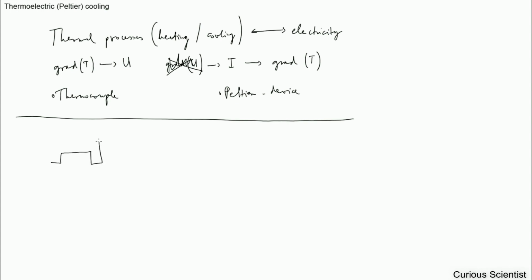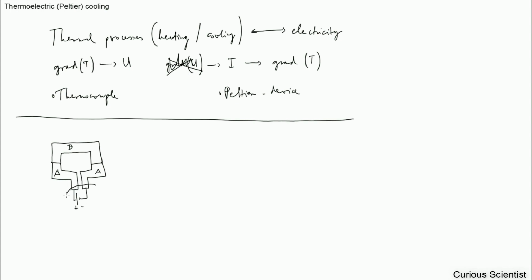We have a block of material B, and then this is A, and this is also A, so this is the same material. And then let's put this into an electric circuit. So this is basically a battery or a power supply, whatever, plus, minus.